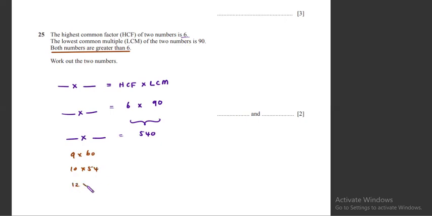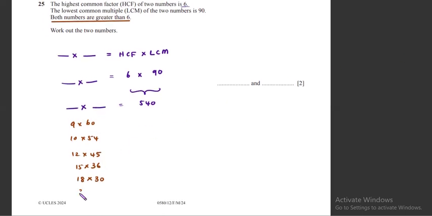Then we have 12 times 45, 15 times 36, 18 times 30, and we also have 20 times 27. These are the factor pairs of 540.